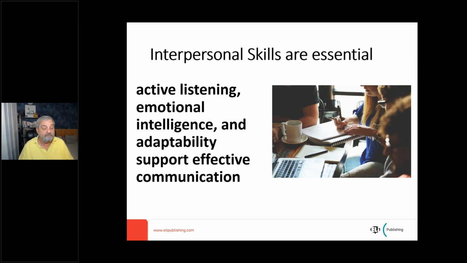Things like, so what you're saying is, if I understand correctly, it's this. Do you mean this? Very easy. And it actually gives the person you're speaking with much more confidence because they know that you're really listening and really intent on understanding the point they're trying to make.